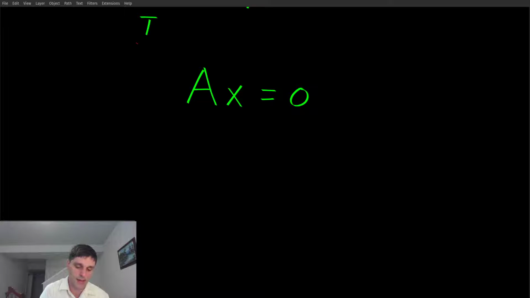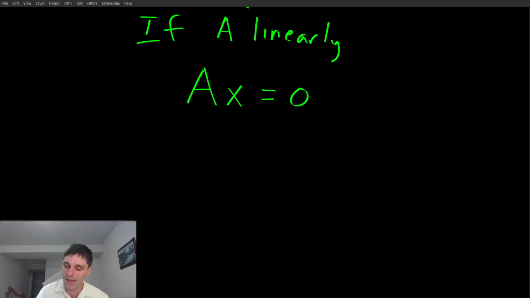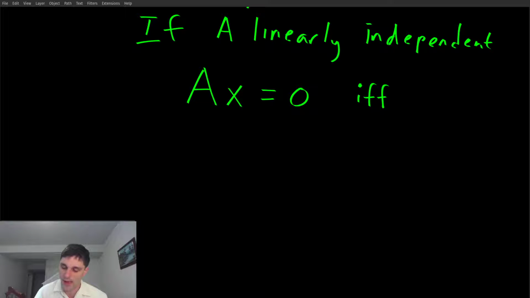I want to say if A is linearly independent, then Ax is equal to 0 if and only if x is equal to the 0 vector.